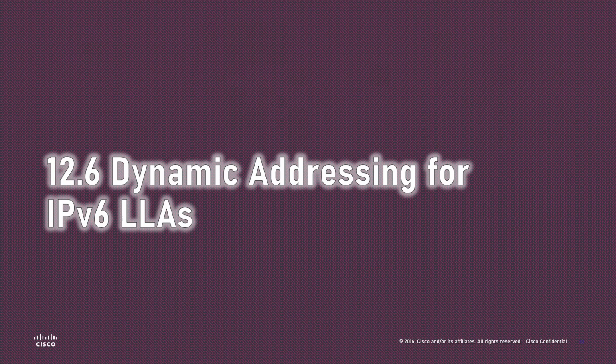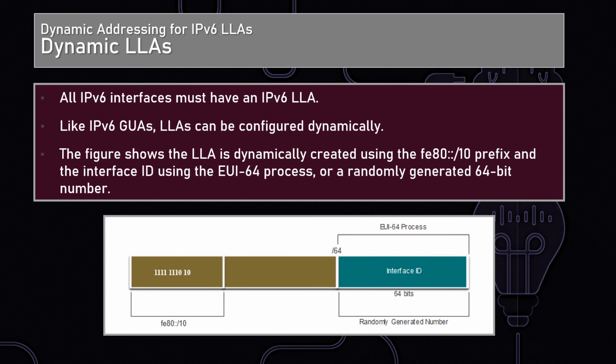Now let's take a look at dynamic addressing for IPv6 LLAs. Let's get a little link local there. We've said twice already that all IPv6 addresses have to have an LLA. Like GUAs, they can be configured dynamically or statically. The figure below shows us an LLA dynamically being created using the FE80/10 prefix, and then the interface ID is either using EUI64 or the random process.